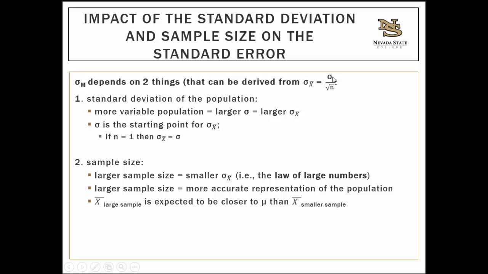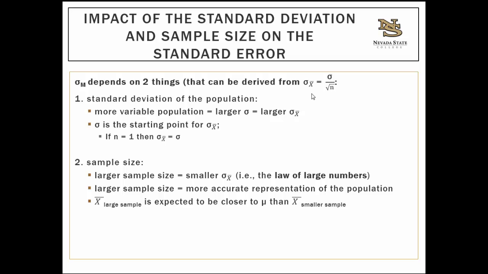Standard deviation is still 10. 10 divided by the square root of 25, or 10 divided by 5, would be 2. So when you have a larger sample size, you have a smaller standard error. When you have a smaller sample size, you have a larger standard error. That's the mathematical interpretation of this.